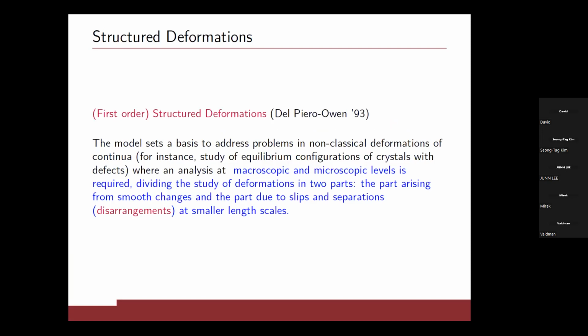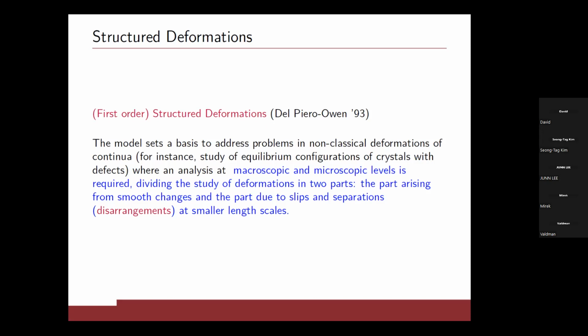So what is a first-order structured deformation? It is a method that Del Piero and Owen introduced, in the sense that they were considering a unified approach to describe all the possible contributions due to either microslip, separation and classical deformation that might happen in a body.